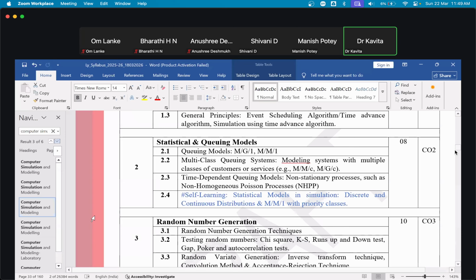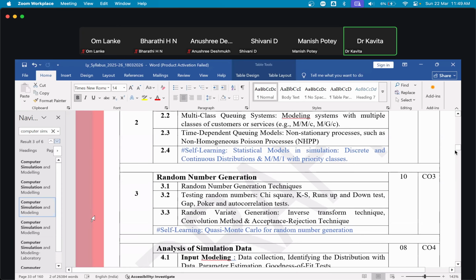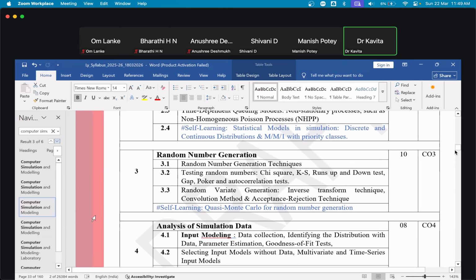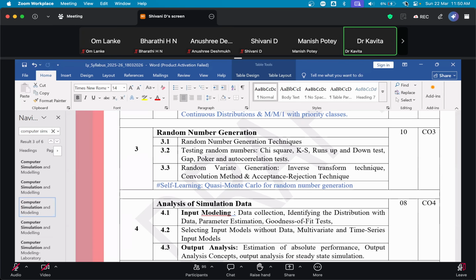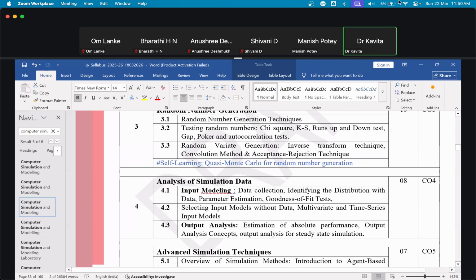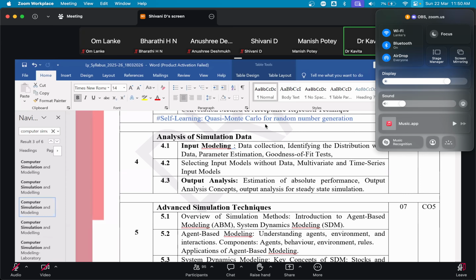How do you check that it is good for the input model and good for output analysis?